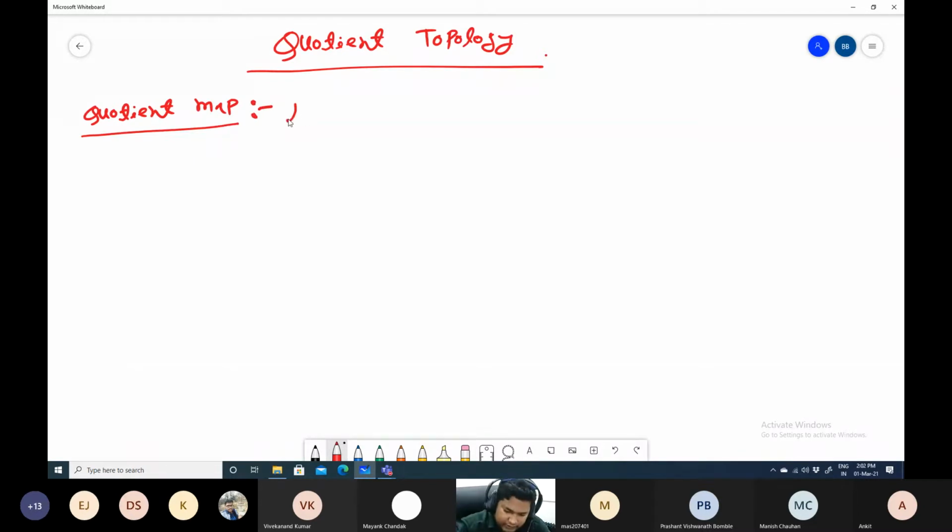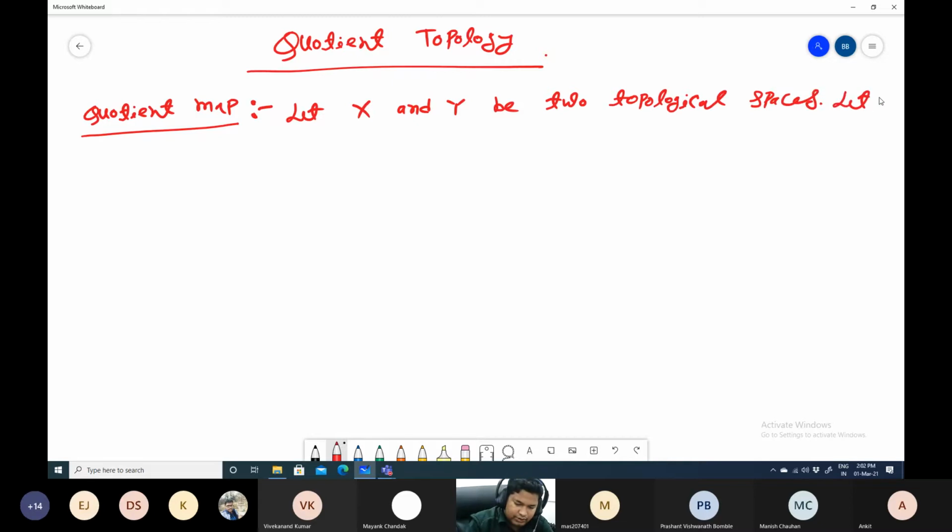Okay, so let X and Y be two topological spaces. So let P from X to Y be a surjective function, so a surjective continuous map.